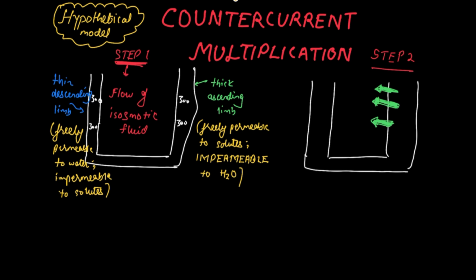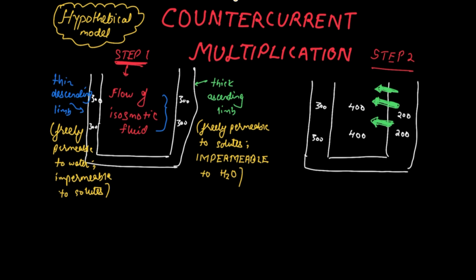And in the thick ascending limb, there is active transport of solutes out of the thick ascending limb. But its limit is only 200 because of back leak of solutes. So the 300 becomes 200, and in the medullary interstitium it becomes 400.